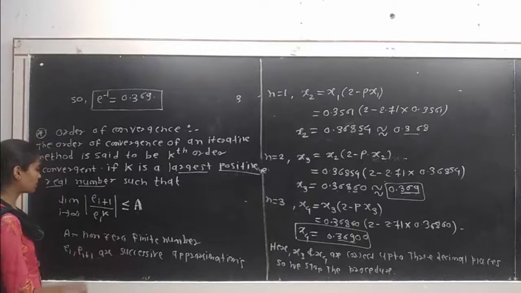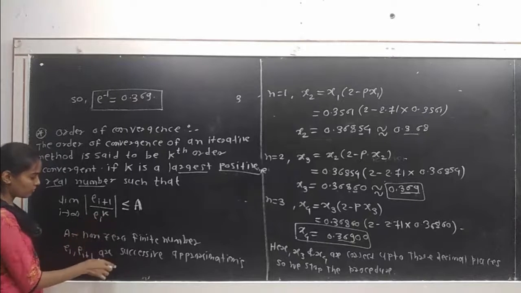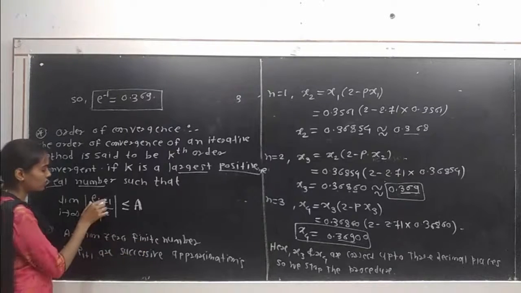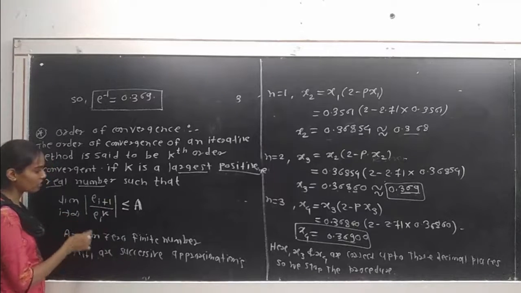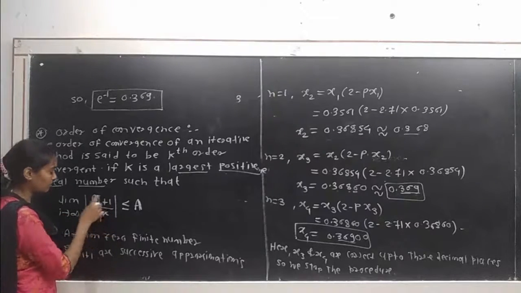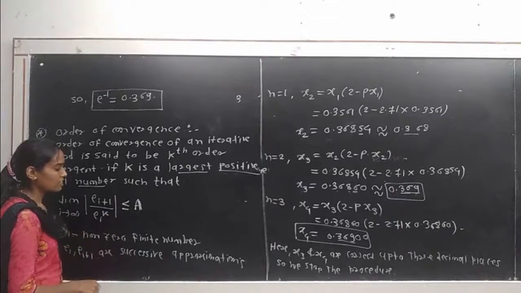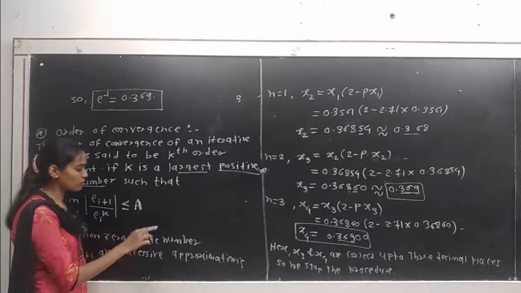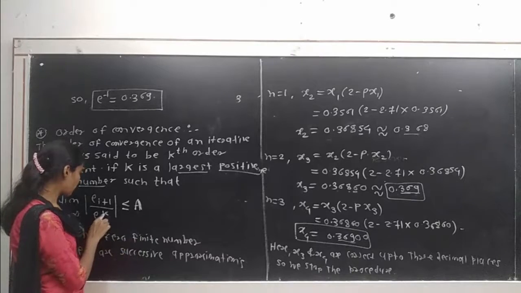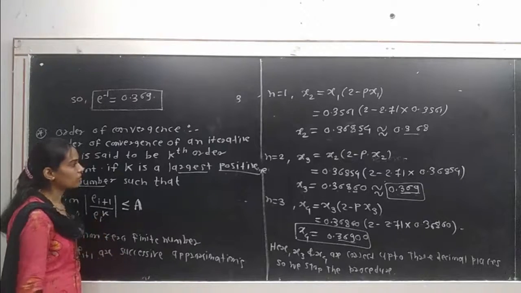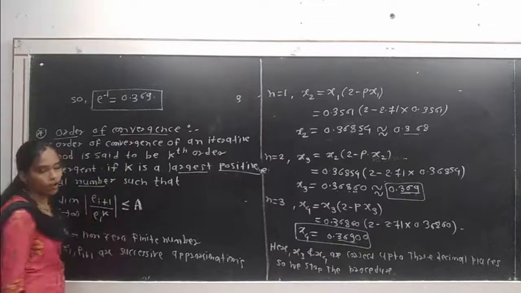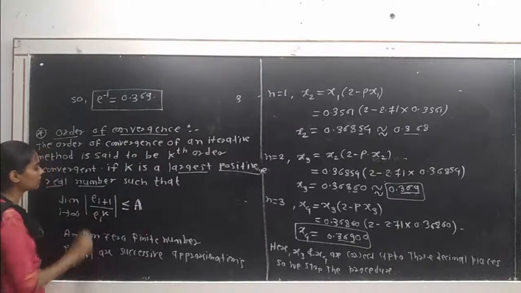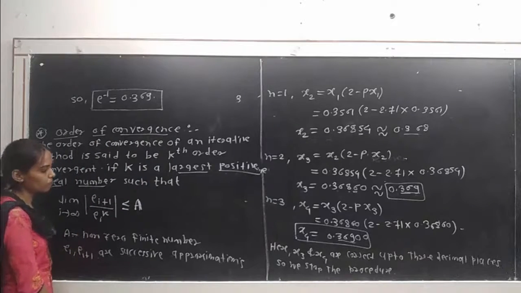That is, if we consider the ratio of two successive approximations in modulus, and take the limit as i tends to infinity, and that limit is less than or equal to some finite non-zero number, then the power of e(i) will be the order of convergence or the rate of convergence of the given iterative method.